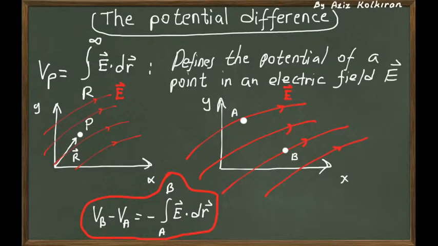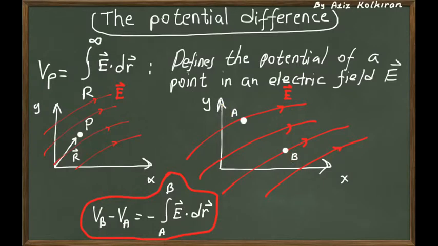Just two points is enough. Well, the potential difference between point B and A is just VB minus VA, and it is usually called delta V. I will symbolize this later as delta V. It is equal to minus the integral, where the lower limit of the integral is the last point A, and the upper limit is the initial point B, because you are going from point B to A.